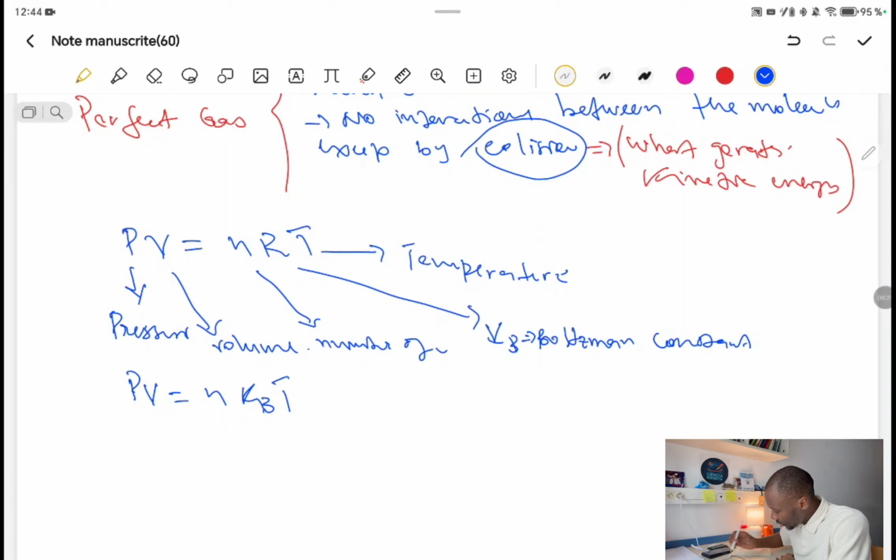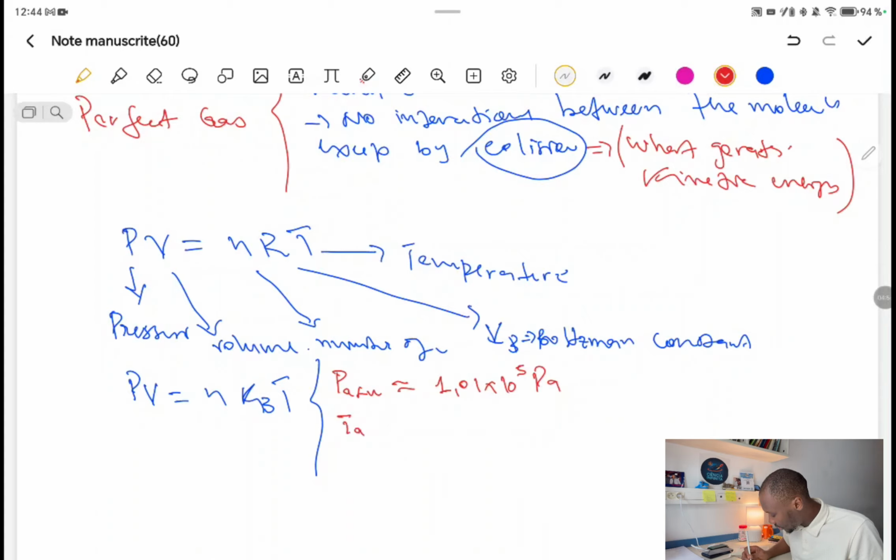So for us here, P is the atmospheric pressure, which we know is equal to 101 times 10 to the power of 5 Pascal, and the temperature, the ambient temperature, is 300 Kelvin, and the Boltzmann constant for us here is 1.38, which is well known as well, times 10 to the power of minus 23 joules per Kelvin.